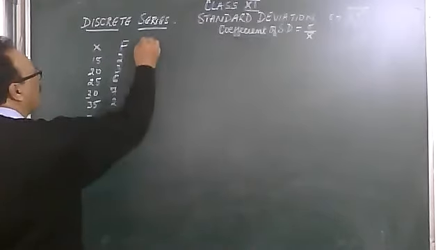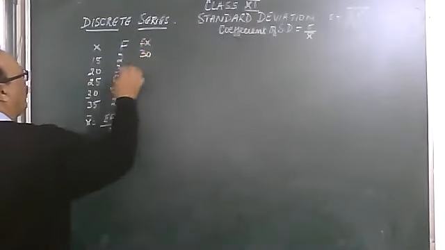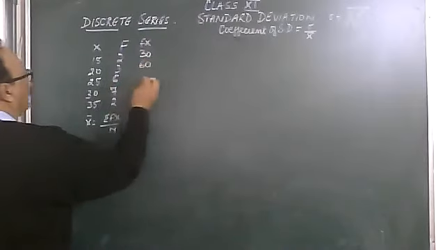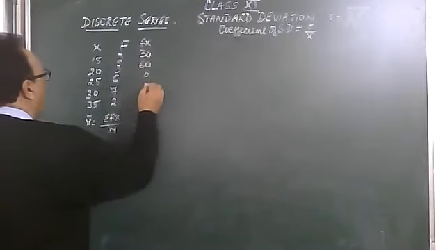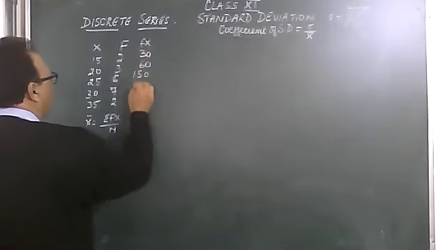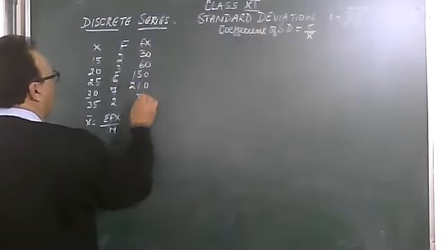So we need to multiply f with x. 15 twos are 30, 20 threes are 60, 25 twos are 50, 30 threes are 90, 35 twos are 70.